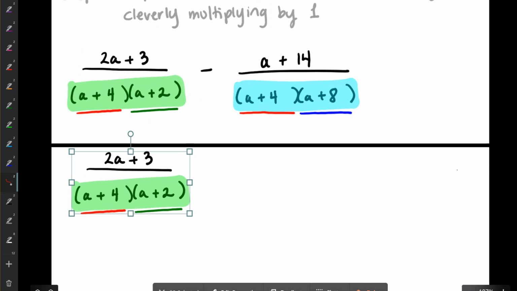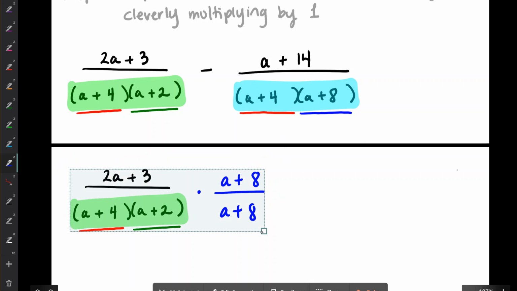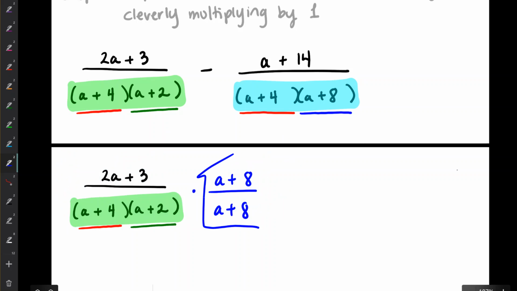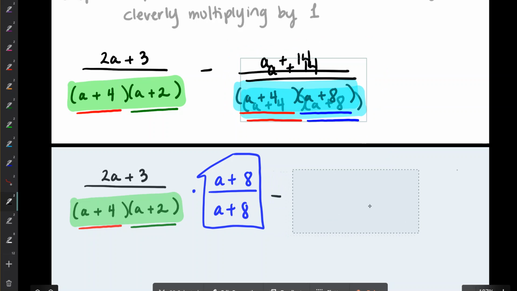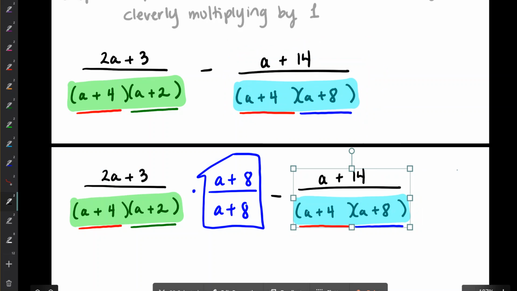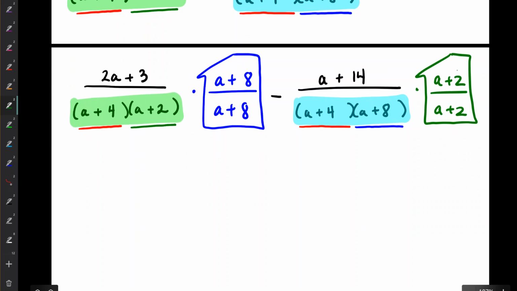I'll zoom in right here. We're going to multiply the first fraction by 1 in the form of a plus 8 all over itself. And the second fraction, we're going to multiply by 1 in the form of a plus 2 all over itself. I'm going to go ahead and multiply my fractions straight across.